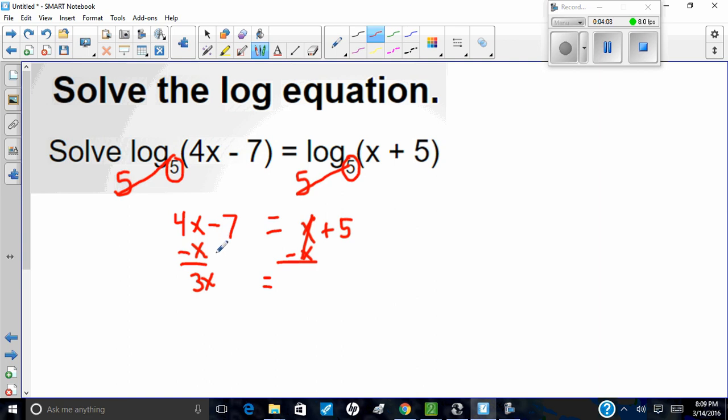They subtract 7, so I'm going to add 7 to both sides. That cancels out, and 5 plus 7 is 12. So I moved all the x's to the left side, and I moved all the numbers to the right side using inverse operations. And lastly, this is a one-step equation that can be solved by dividing by 3. So our result is x is equal to 4.